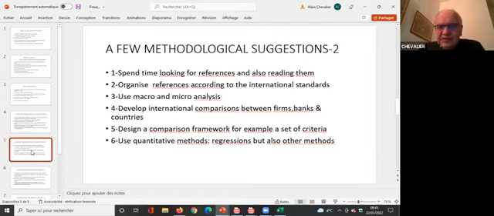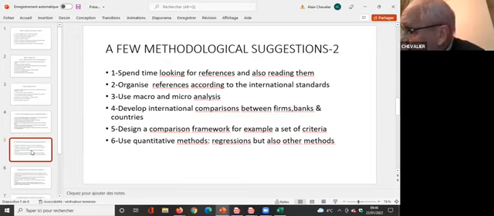Another point also, something students have difficulties to understand: a set of criteria. What does it mean? It means you develop case studies, for example, 3 case studies. Case studies can be of interest by themselves, but something which is more interesting, of course, is a comparison between the case studies. But to compare case studies, you need to compare them on something, based on criteria.